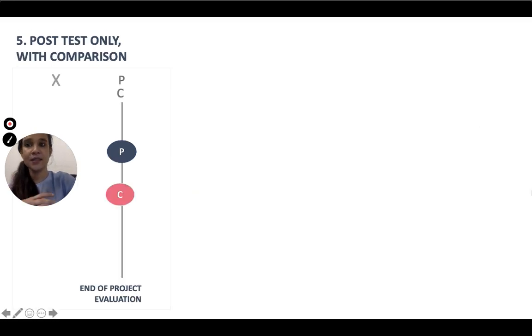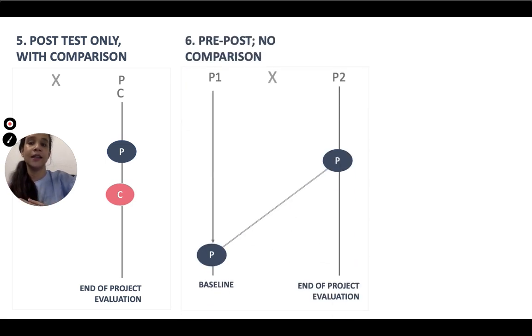The next is post-test only, where you are just looking at test scores at the end of a program, or you're just looking at placements and salaries at the end of a program with a similar comparative group. Another extremely common one is just a pre-post with no comparison, just looking at a baseline and end of project.